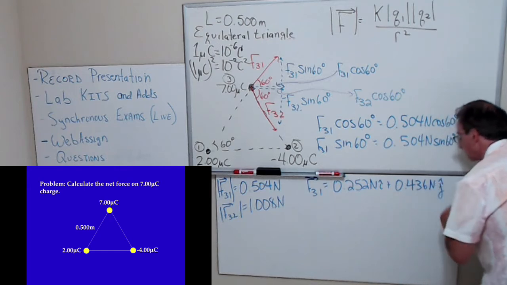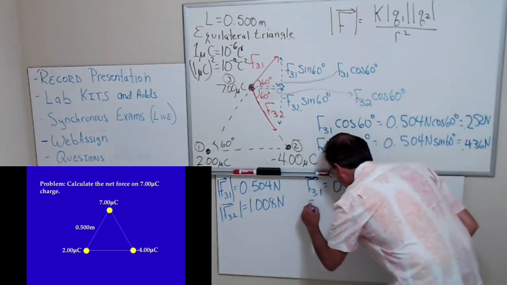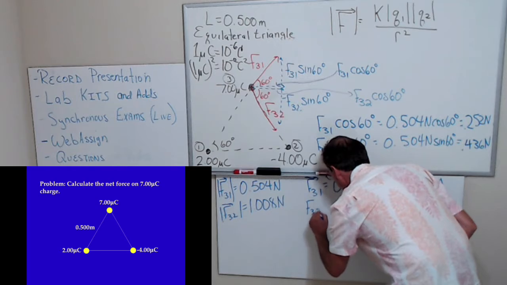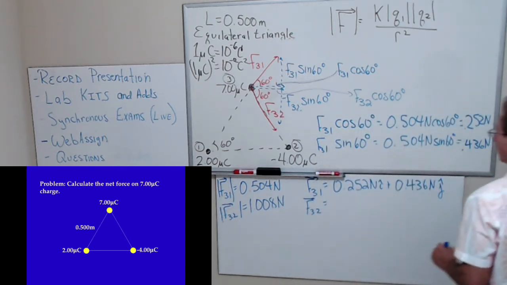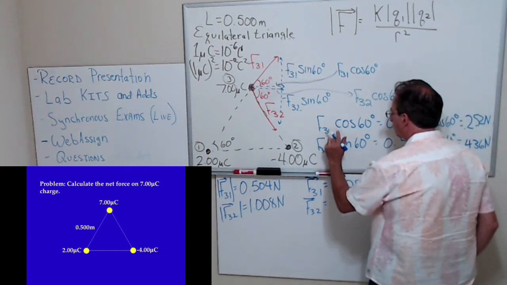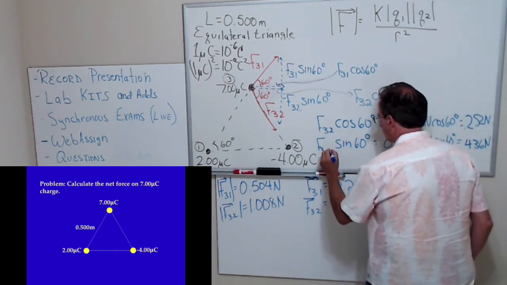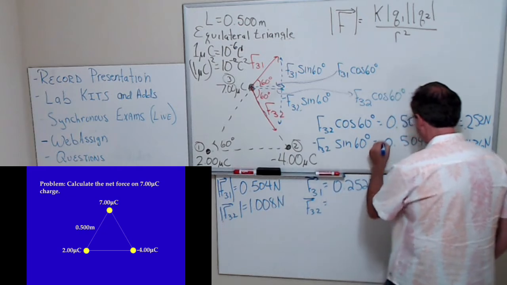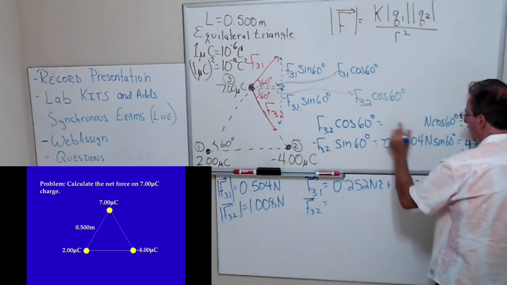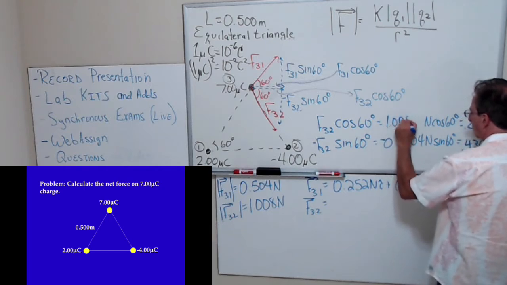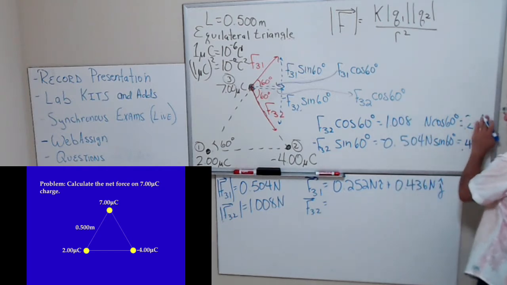Now when I do the other one, and I go F32, this one's going to be negative. This number is twice as big. So this comes out to be 0.504.